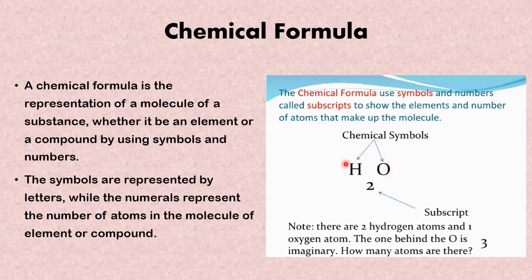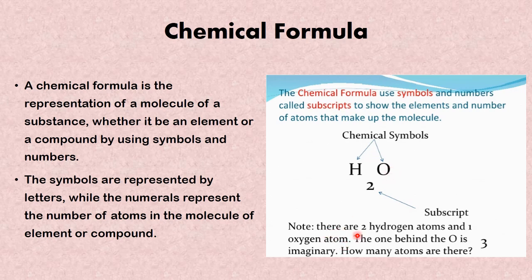As you can see, one molecule of water is made up of two different elements, whose symbols are represented. H represents hydrogen, while this capital letter O represents oxygen. Now, this subscript here shows us that in one molecule of water you have two atoms of hydrogen and one oxygen atom.